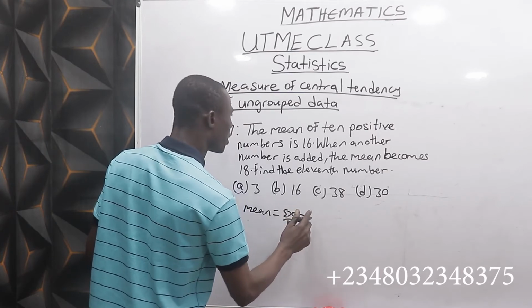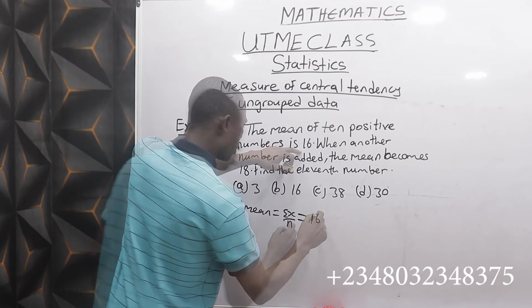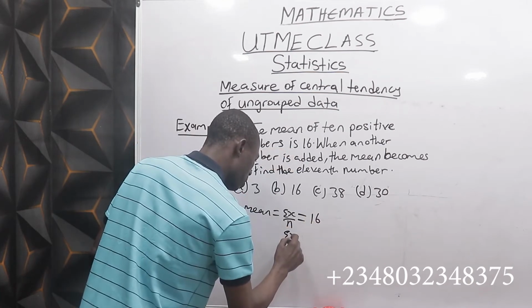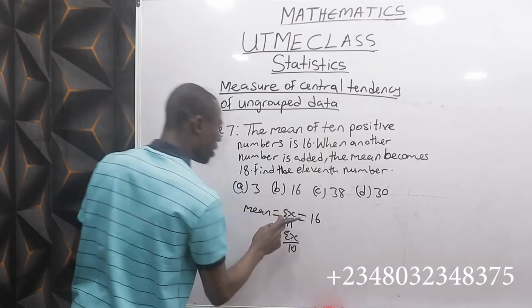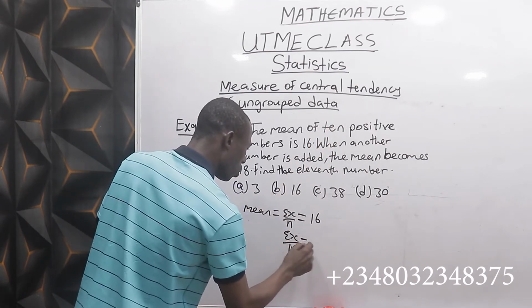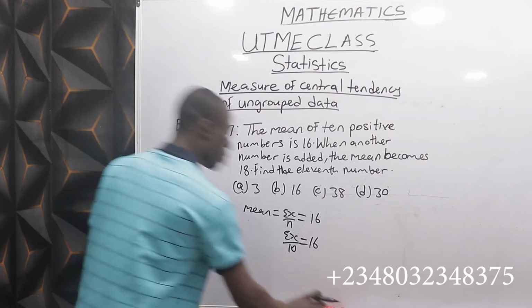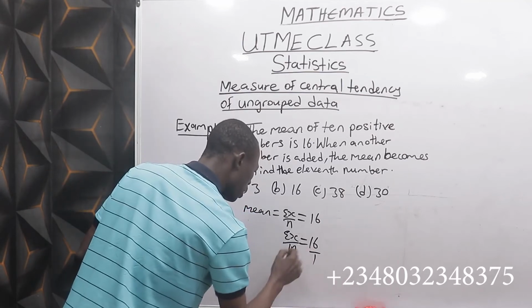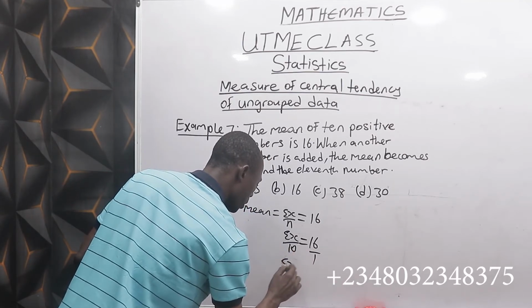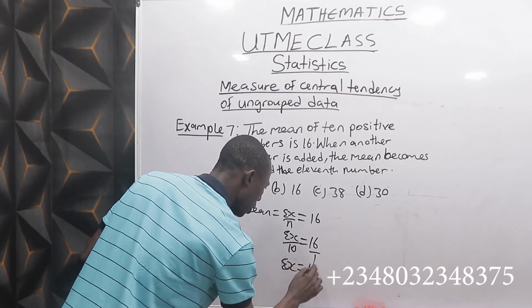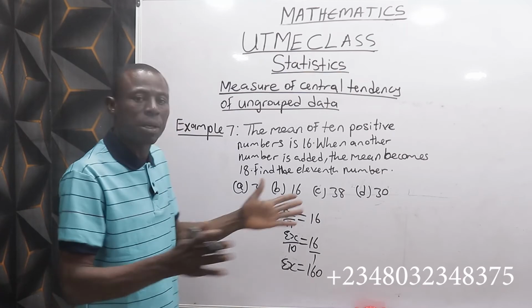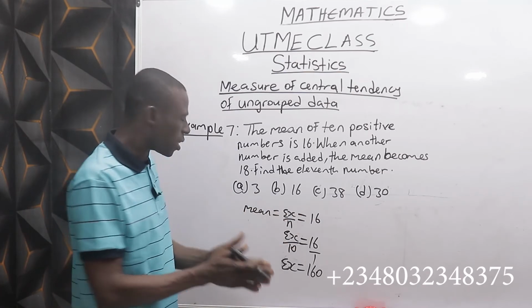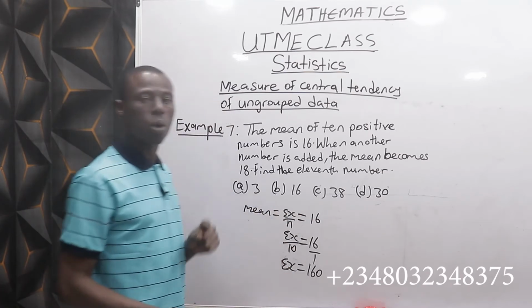Summation x over n is 16. The summation x over how many are they? 10. N is 10, which is equal to 16. Cross multiply, summation x will be equal to 160. The addition of those 10 positive numbers is 160.